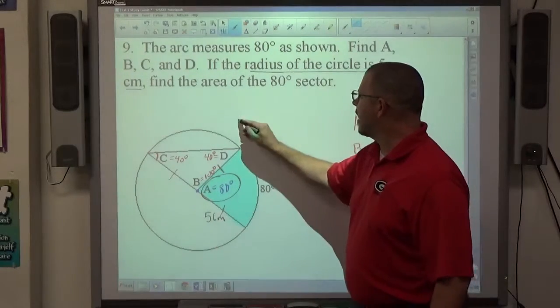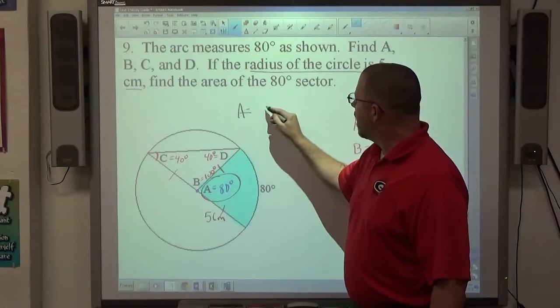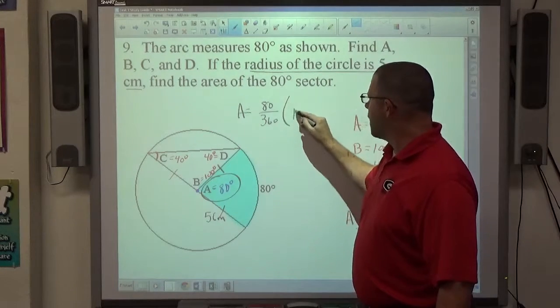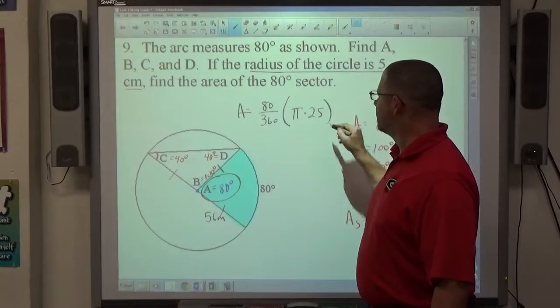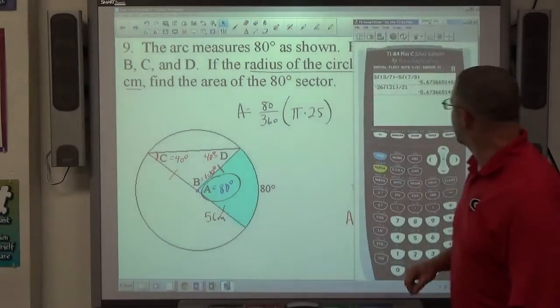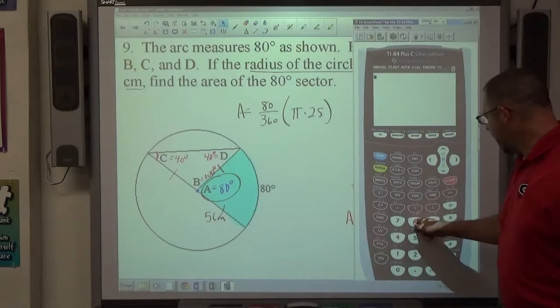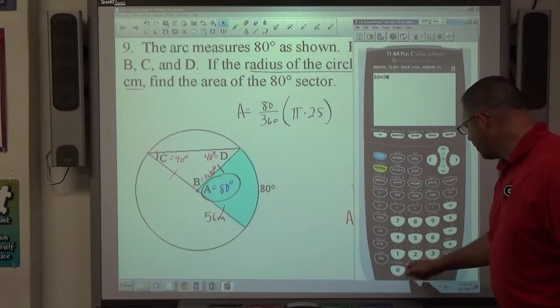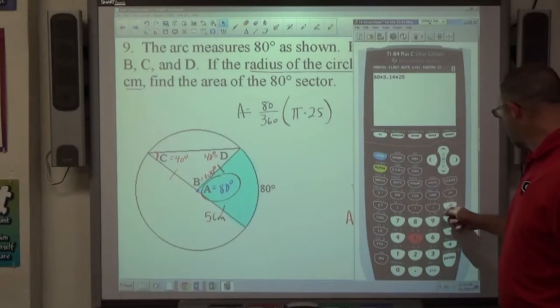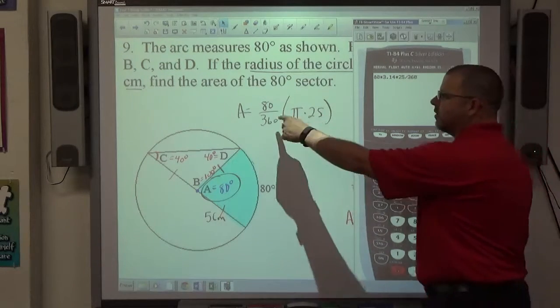To find the area of a sector, we take the angle measure over 360 times pi times the radius squared. And we get a calculator out for that. I would type in 80 times 3.14 for pi times 5 squared, which is 25, divided by the 360. It's always divided by 360.